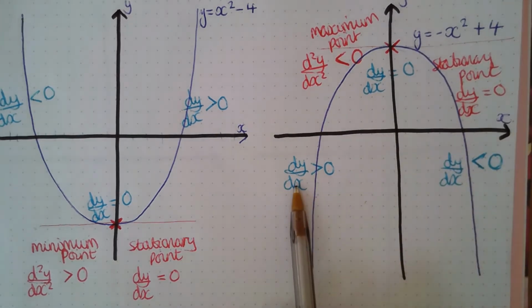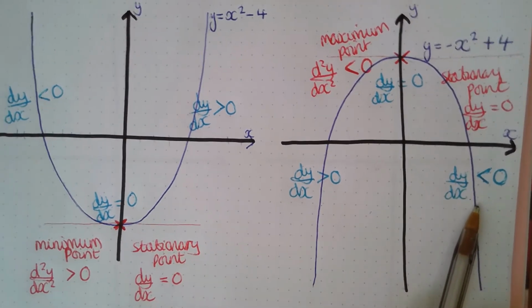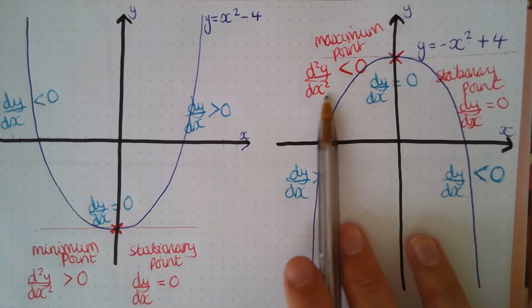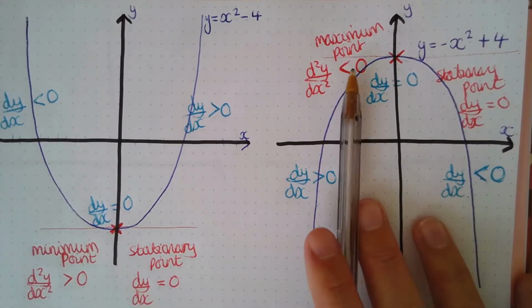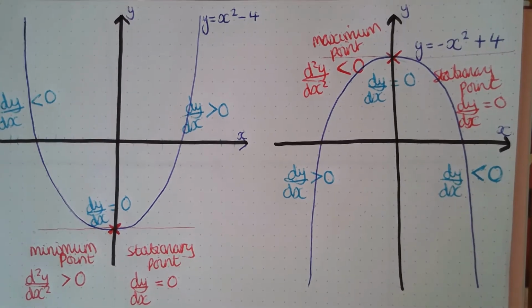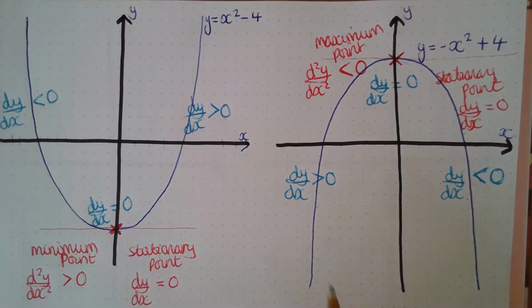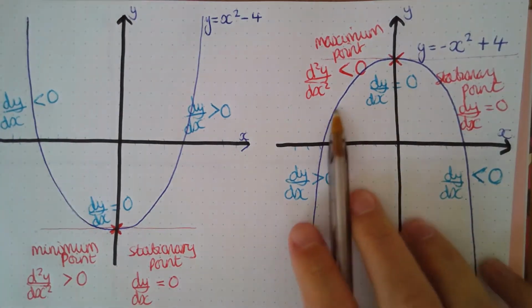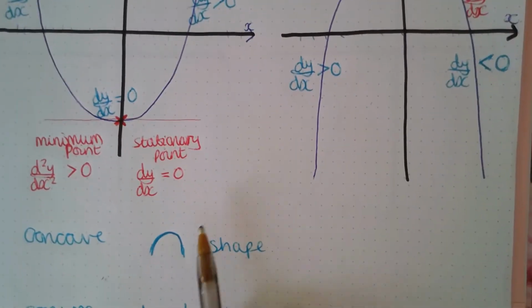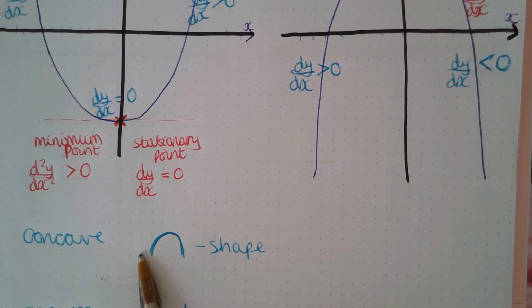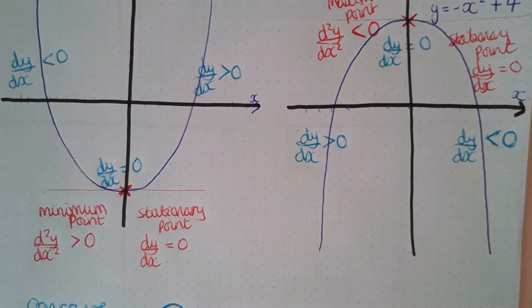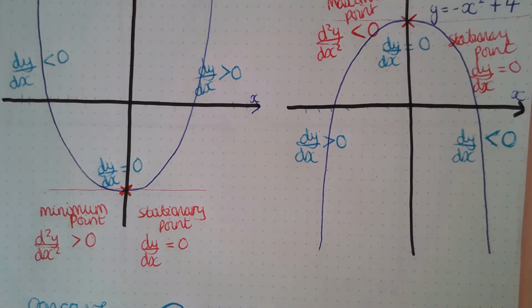So it's gone from positive to 0 to negative. The change in the gradient is decreasing, which is why at my maximum point my second differential is less than 0. For every single value on my x-axis, the graph will be concave. It will have this N shape, no matter where we are on our x-axis.